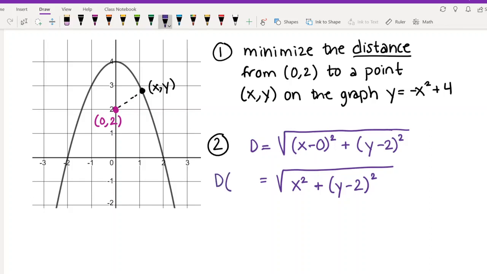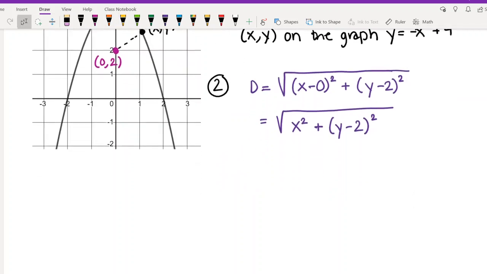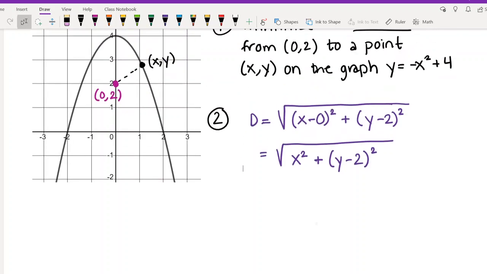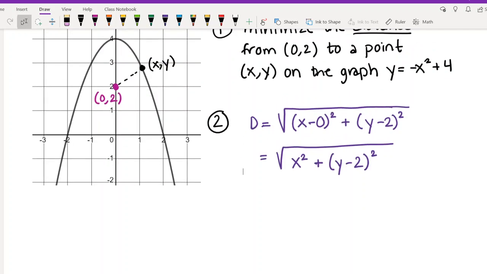This isn't something we talk about in this class, but in future classes you might see functions written like this, where I have to input both an x value and a y value to find the result. So we want to find a way to translate this into having only x's. And this is a step that's going to come up in a lot of these optimization questions. So how can we rewrite this so that it only has x's in it?